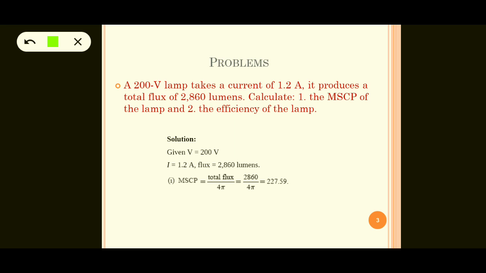So the mean spherical candle power, that is the intensity, is equal to flux per solid angle, which is 4 pi.